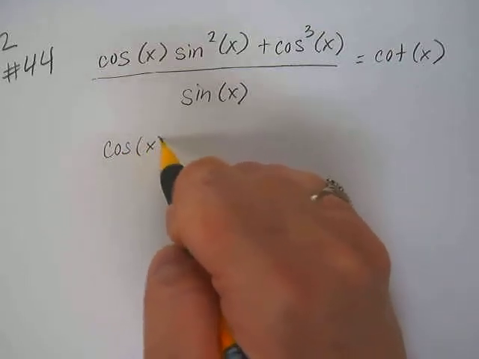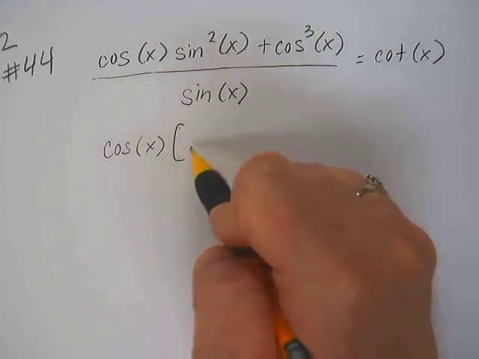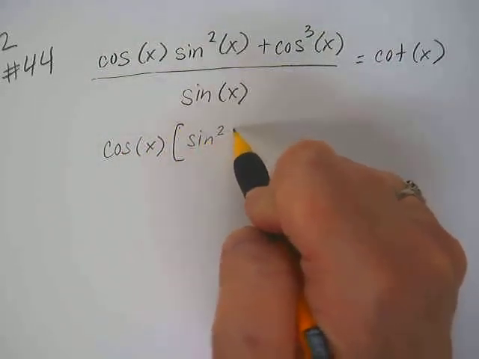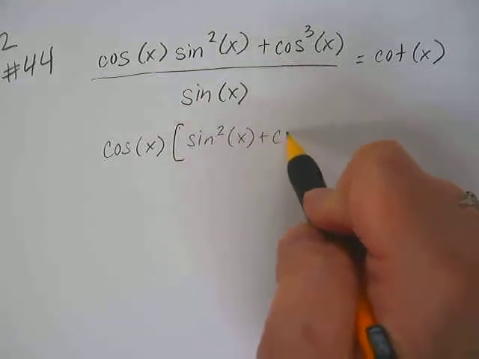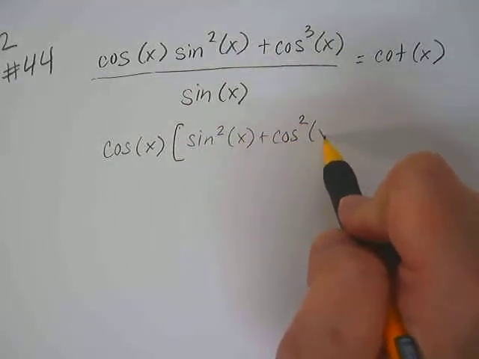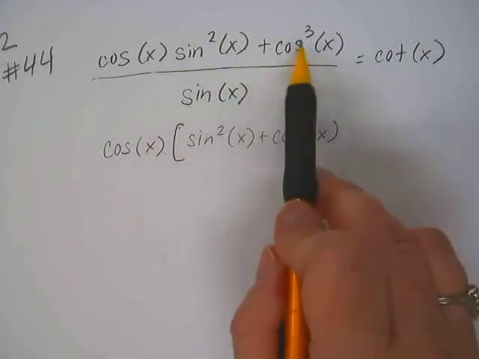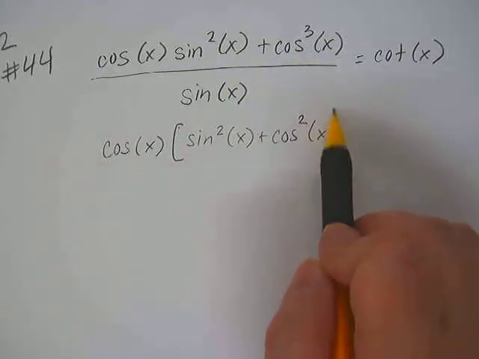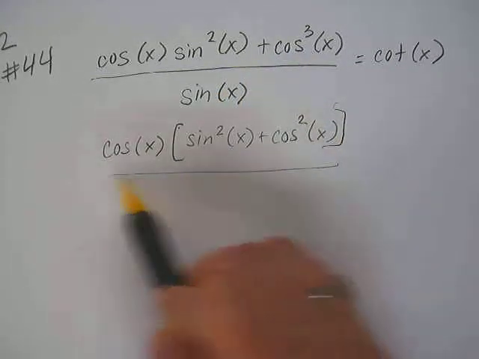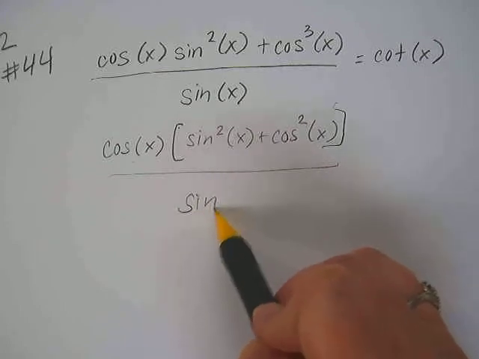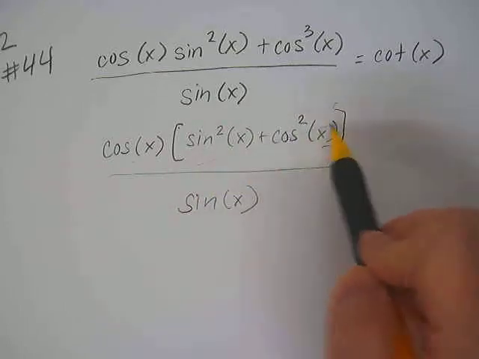Factor out the cosine x from the numerator, which leaves us with sine squared x plus cosine squared x, because one of the cosines came out of that. And that entire thing equals 1.